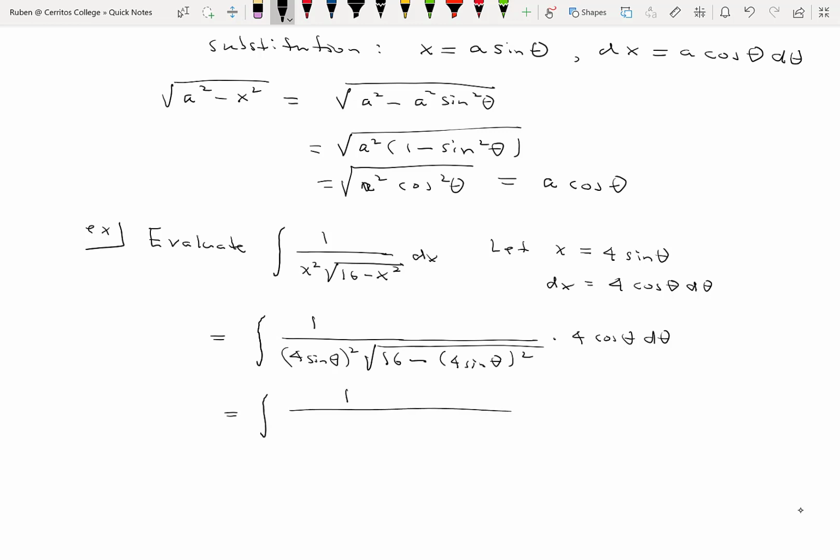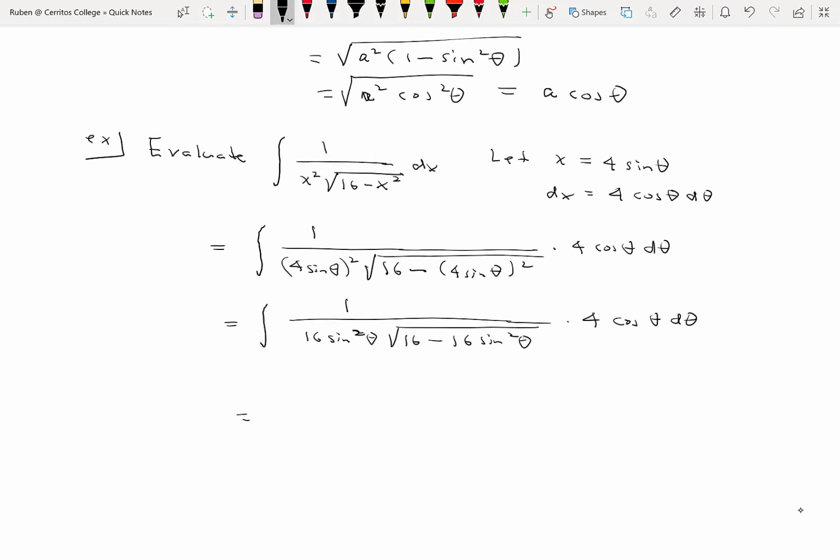This becomes 1 over 16 sine squared times the square root of 16 minus 16 sine squared times 4 cosine theta d theta. Let's simplify. In the numerator, I can put the 4 cosine theta d theta.